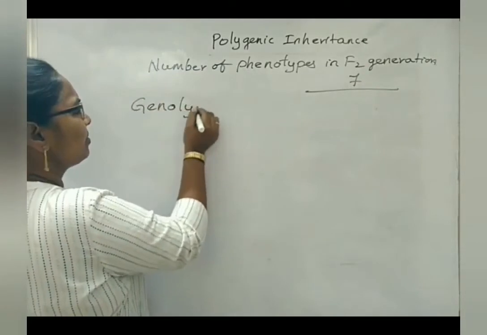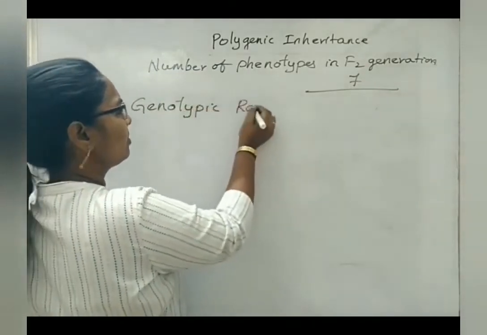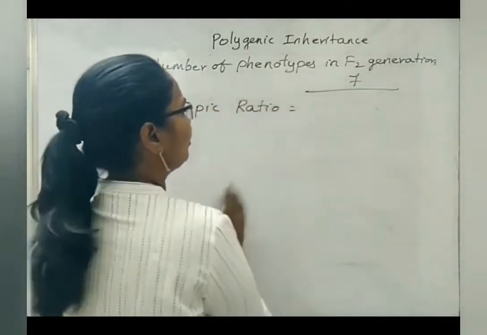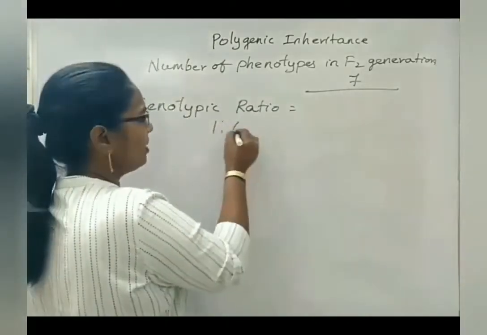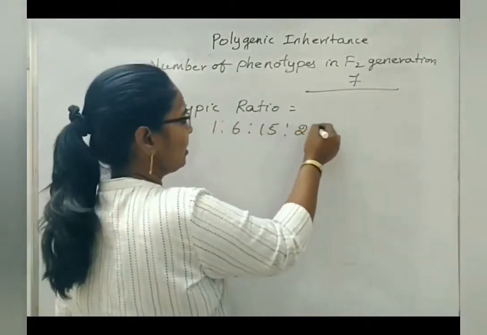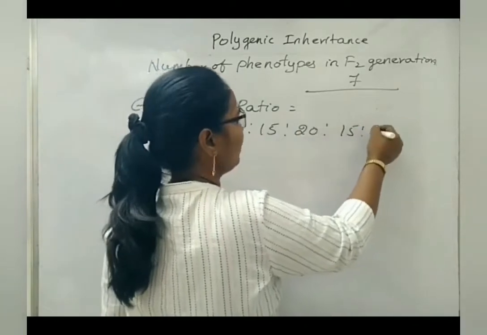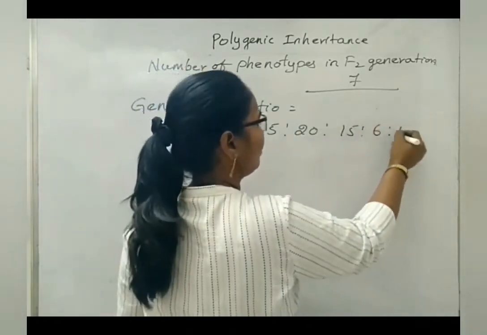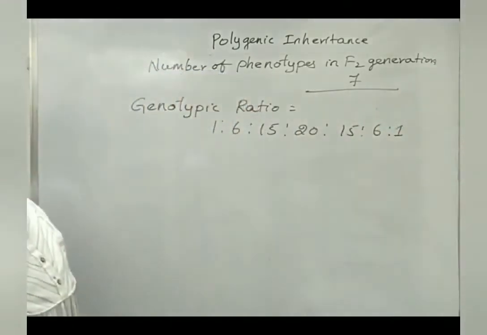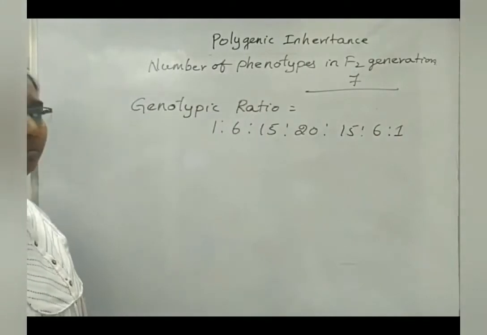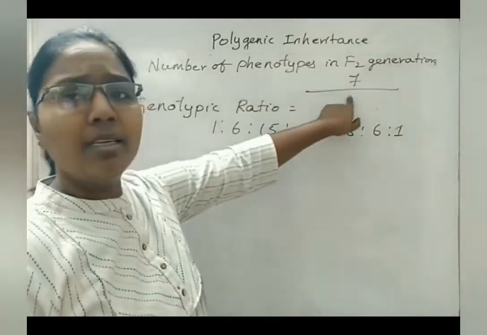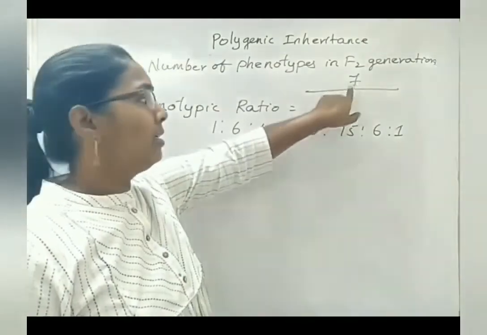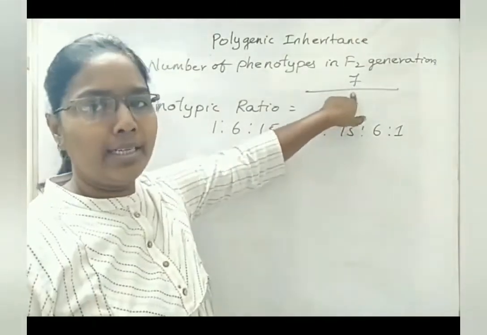Genotypic ratio is 1:6:15:20:15:6:1. So this is the genotypic ratio. Totally, phenotypes are only 7 types based on the number of dominant alleles.